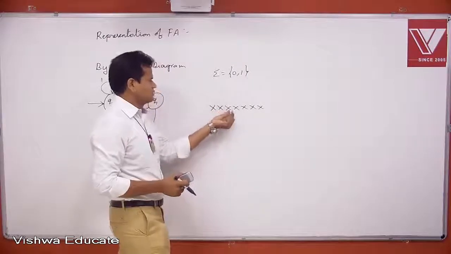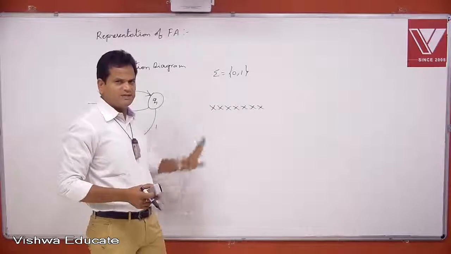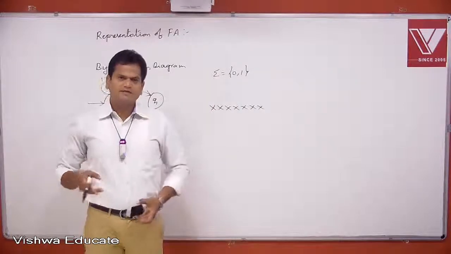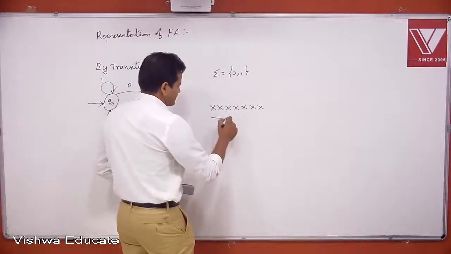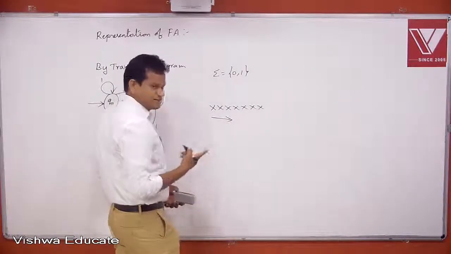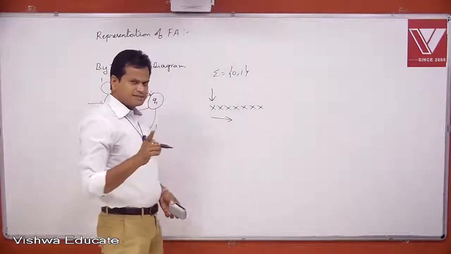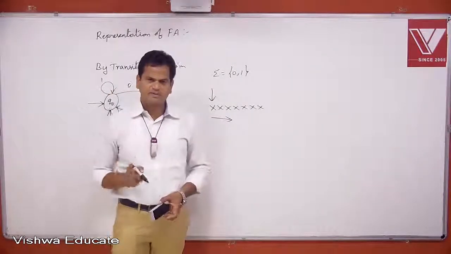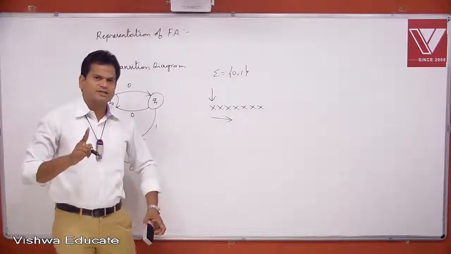If this string is given to the finite automata, it scans the input string from left to right. It starts from the leftmost symbol, and every time it scans only one symbol.